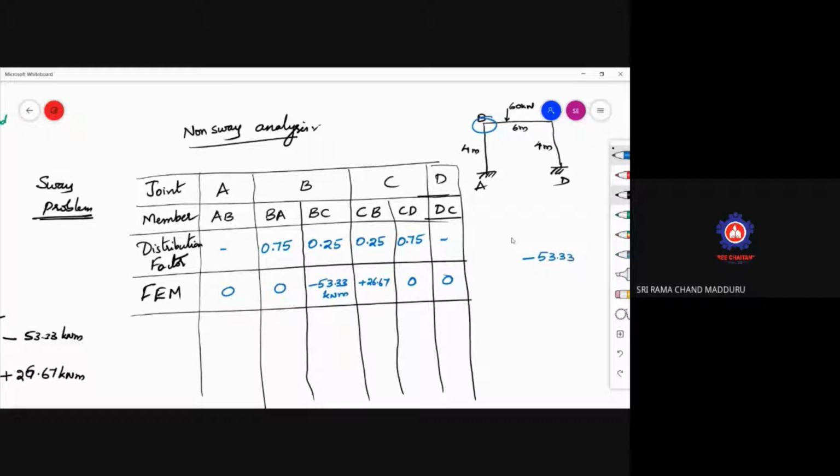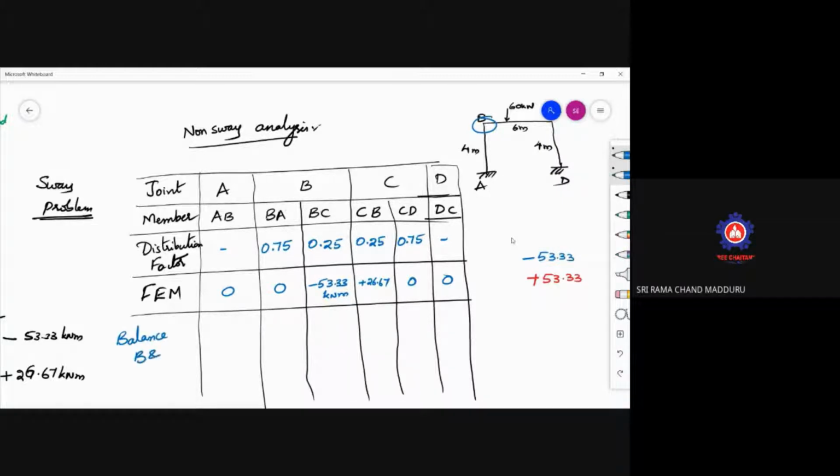You take the opposite sign, plus 53.33, and that is to be distributed with the distribution factors for BA as well as BC. So here you have to balance both the members BA as well as BC simultaneously.